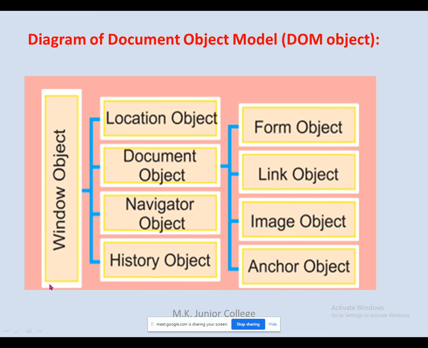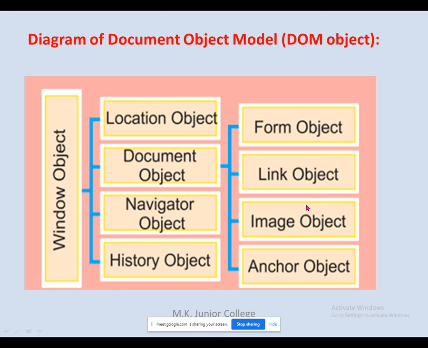Now the second thing: there are some properties of the window object and some methods of the window object. तो यहाँ पे बहुत सारे properties and methods हर एक object में हैं, but as per your syllabus they have given the document object, window object and some ready-made events.